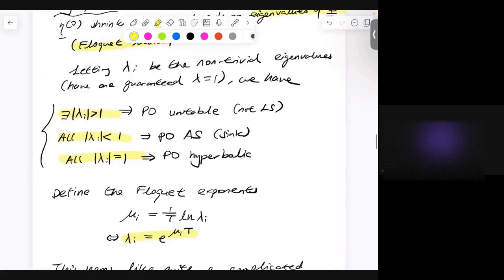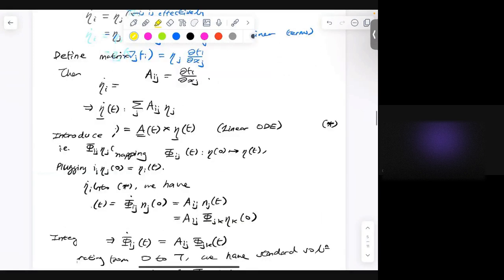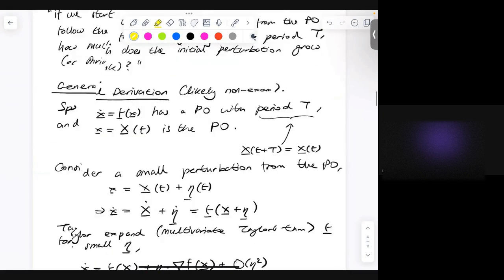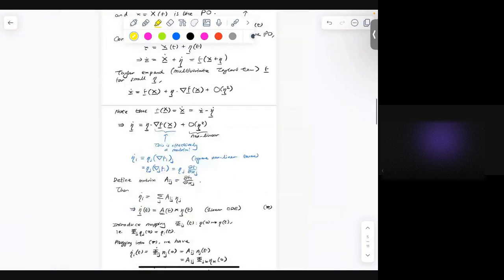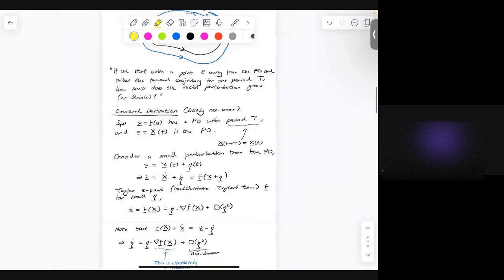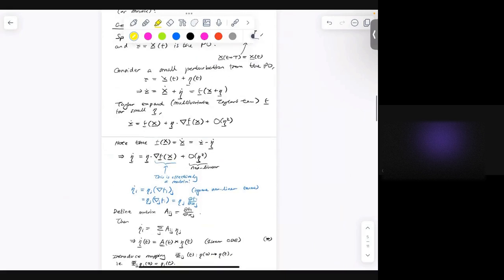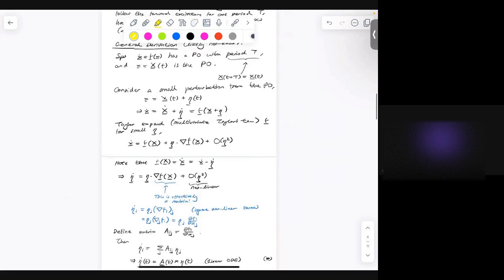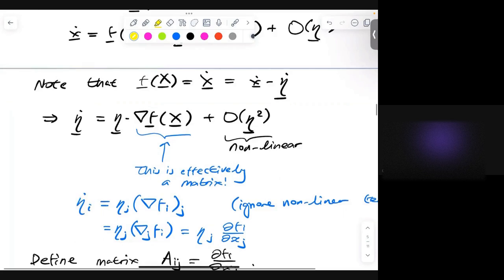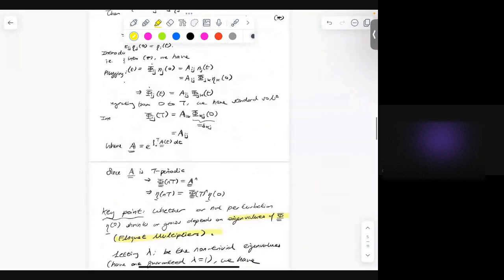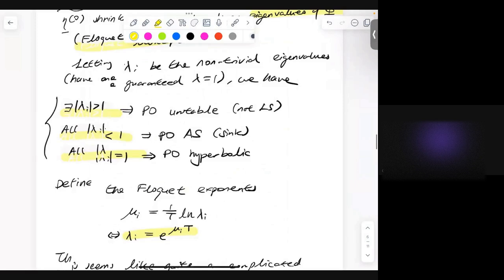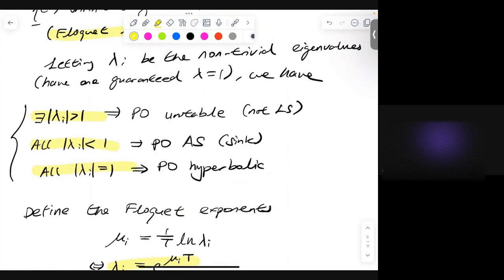Then the PO is hyperbolic because we've only looked at the linear terms of the system, the linear perturbation. So I've discarded the nonlinear terms. It could be linearly hyperbolic, it could be uncertain when you look at only the linear terms whether it's stable or unstable. So in this case, you would have to look at higher order terms.